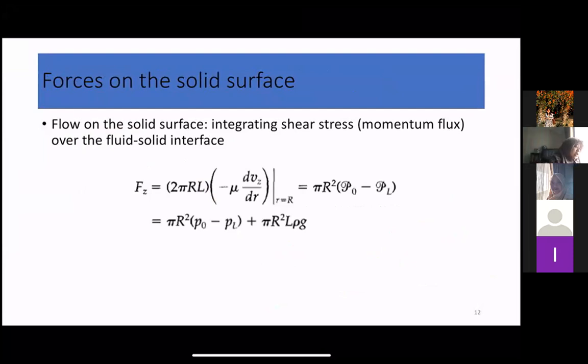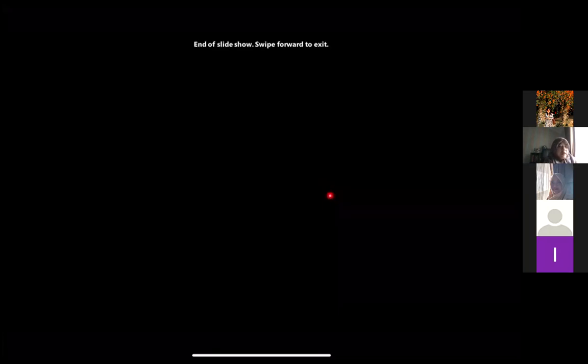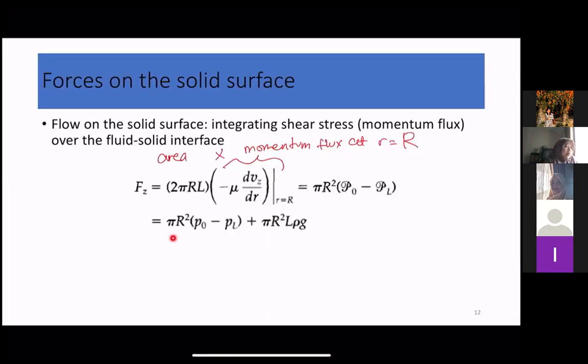So it is the momentum flux at r equal to R multiplied by the area of the inner wall, 2 phi R L. Then we can derive this, and that is the value, the rho phi.